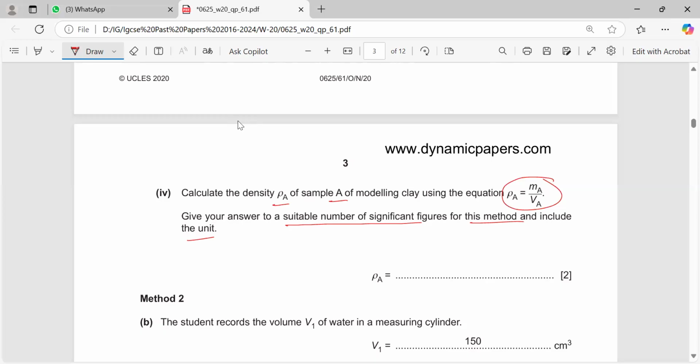So when we calculate 51 over 27, we get the answer 1.888, and I'm writing the answer, by the way, 1.89. And what about the unit? Mass was in grams, and the volume was in centimeter cube. So the unit will be grams per centimeter cube, 2 marks.